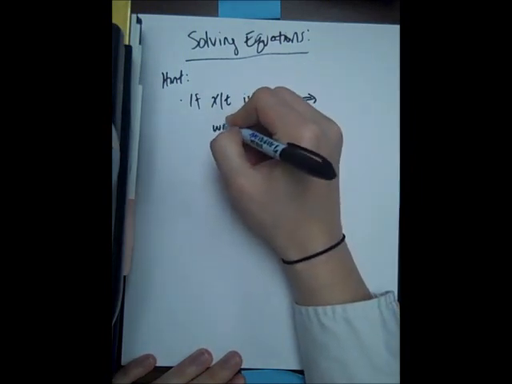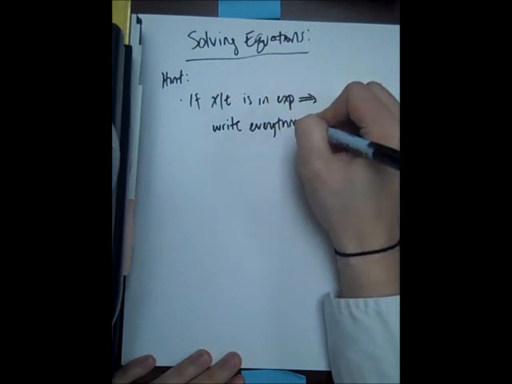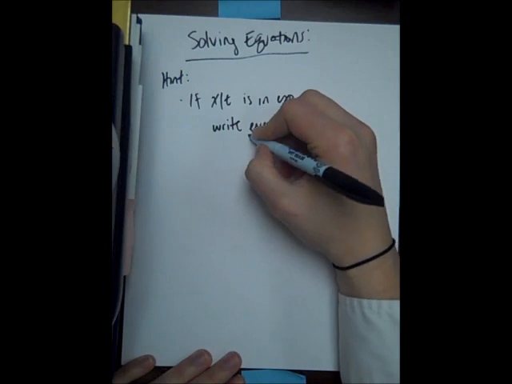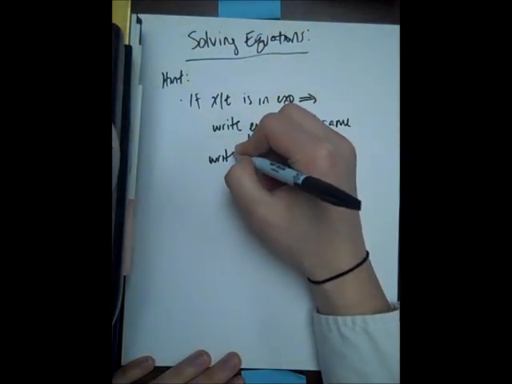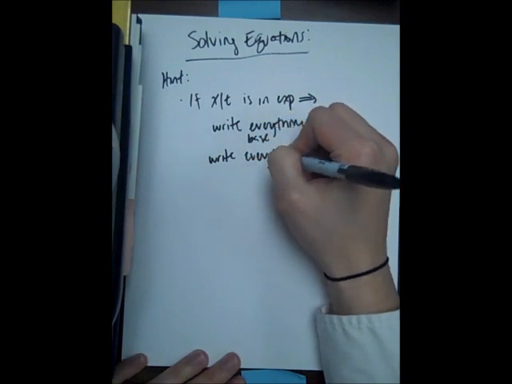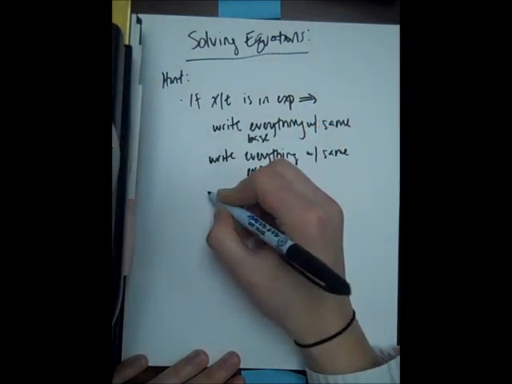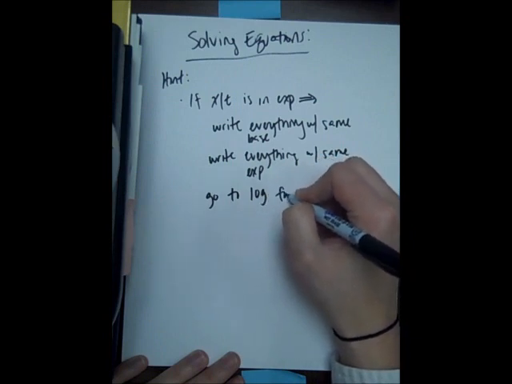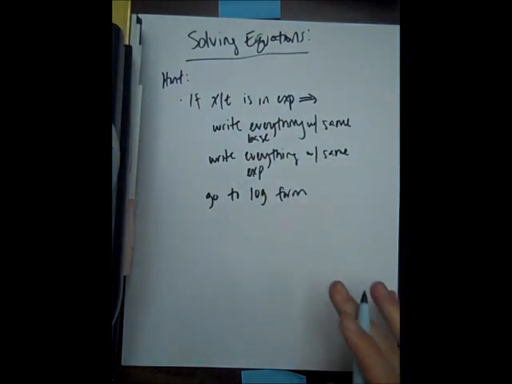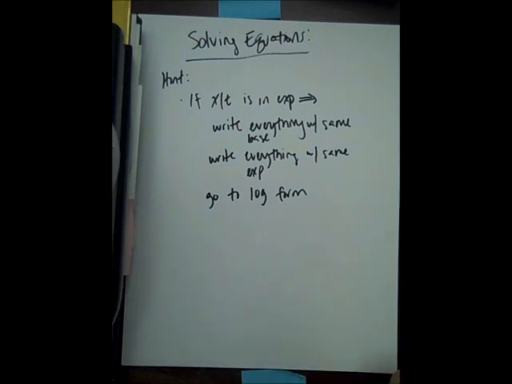You can write everything with a common base, so write everything with the same base, or you can write everything with the same exponent, and we'll do examples of these, or you can go to log form. So that's my advice. If your variable is in the exponent, you can either go to log form or write everything with the same base or write everything with the same exponent.